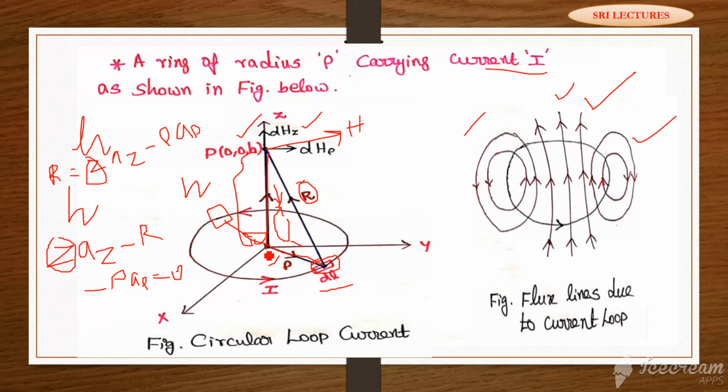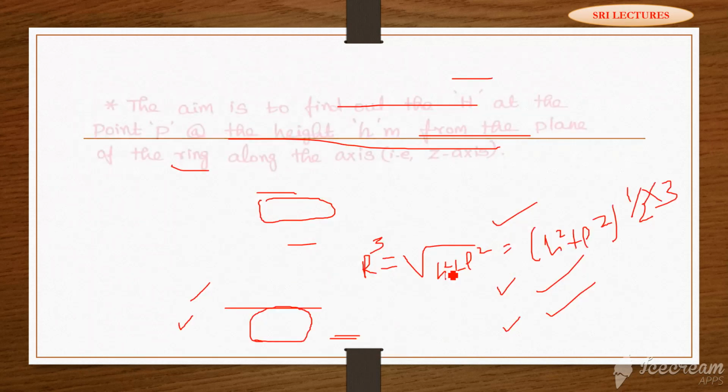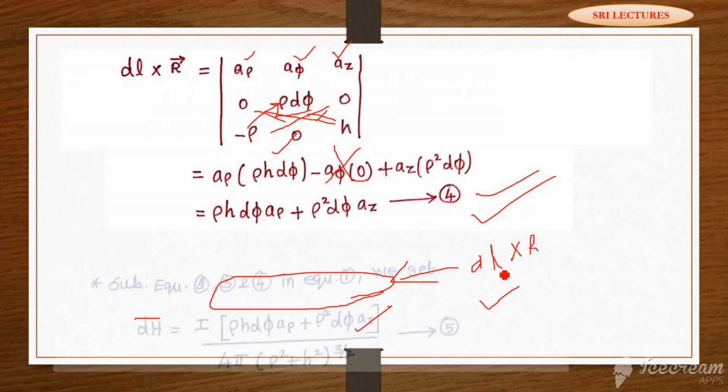Like that, each and every differential component along a phi is cancelled with respect to 180 degree displacement, because after 180 degrees the same component is there with opposite sign. So this a phi term is cancelled due to symmetry.